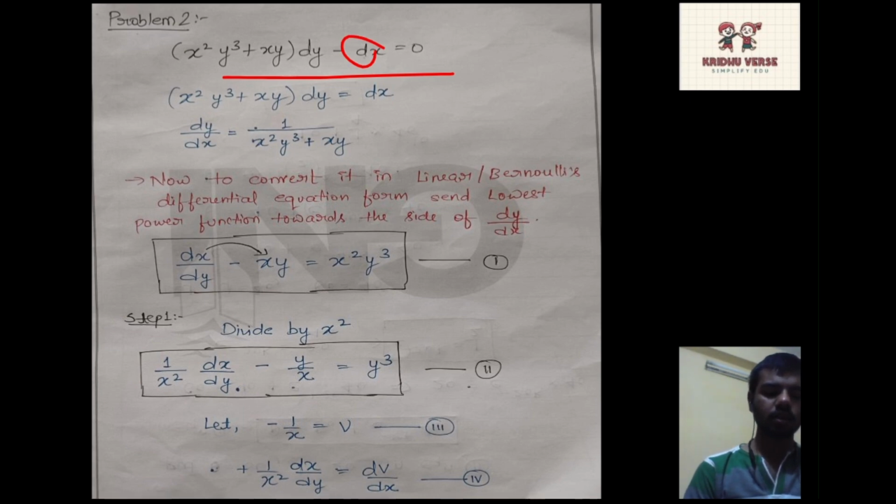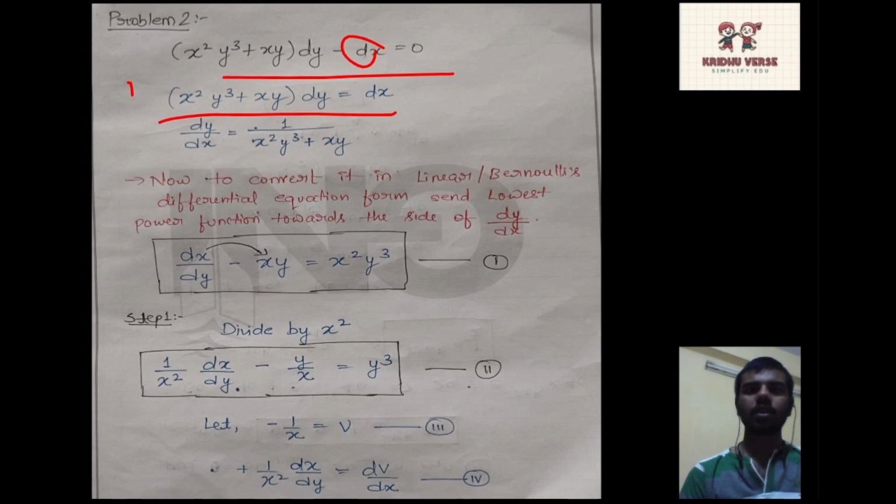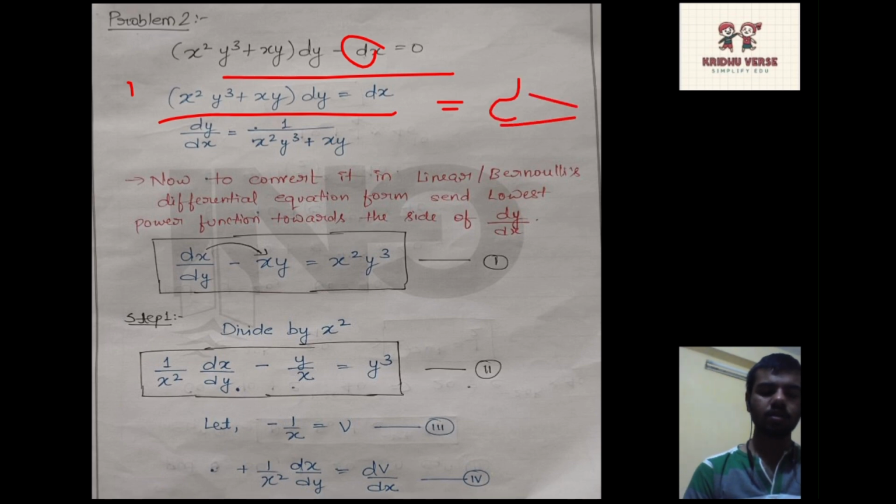So the equation will come like this: (x square y cube plus xy) dy equal to dx. This equation will come after shifting the dx. Now after shifting the dx, what do we have to do? We have to make it dy over dx. Making dy over dx means, if you move this, it will become dx over dy.